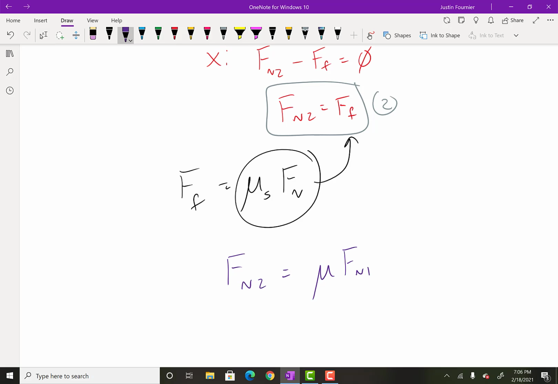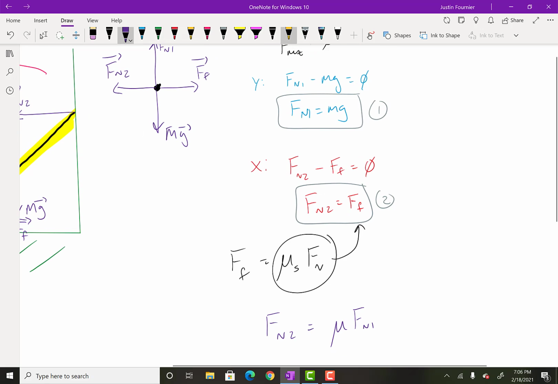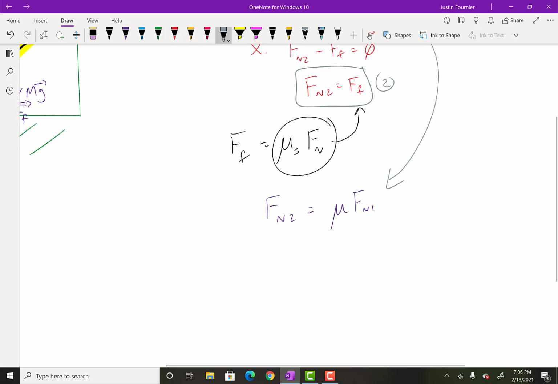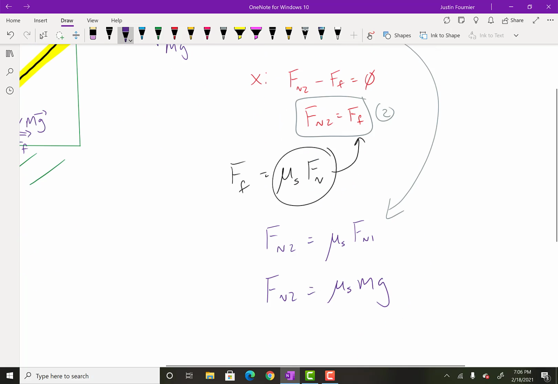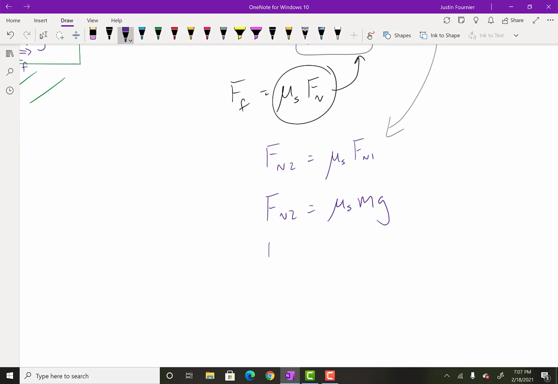And I know from here that normal force 1 is equal to mg, so I can plug that in. So Fn2 is equal to mu s times mg, replacing that for N1. And then lastly, I'll isolate mu s.